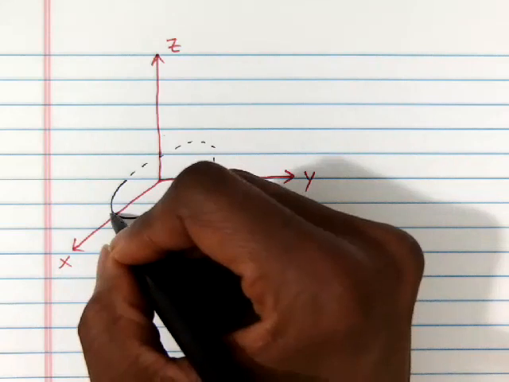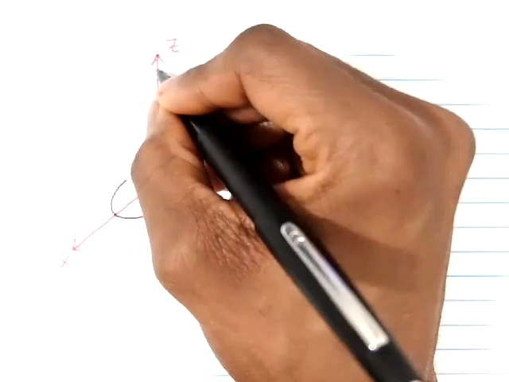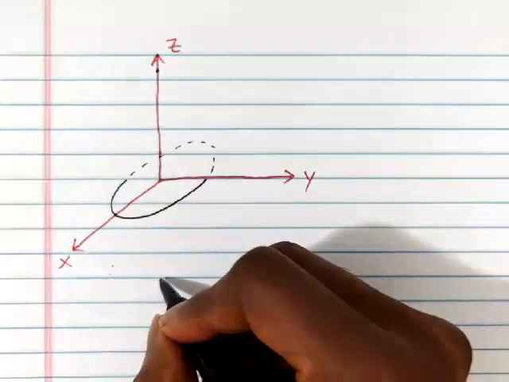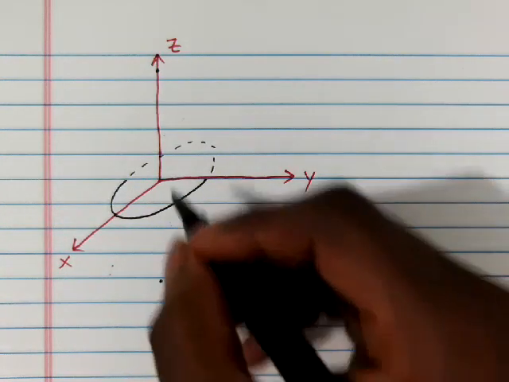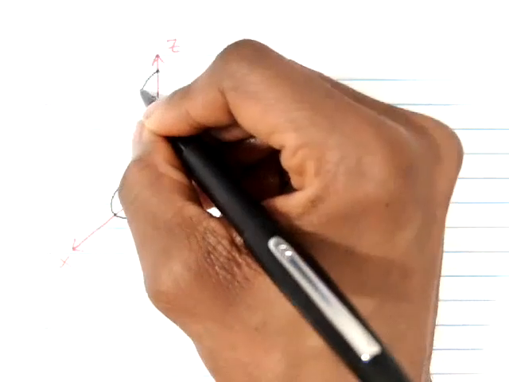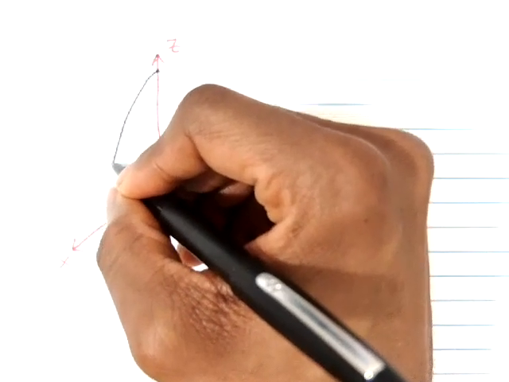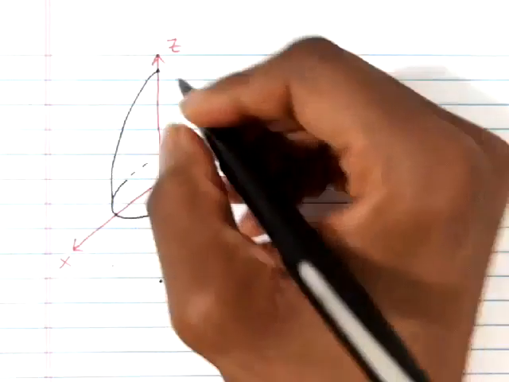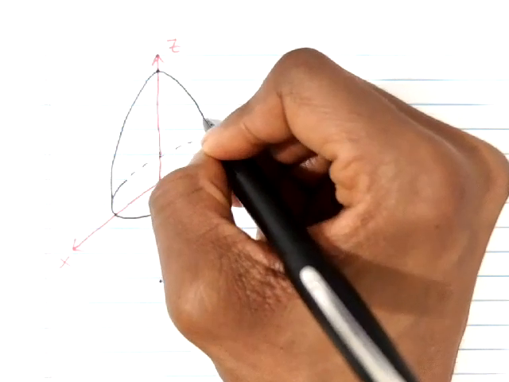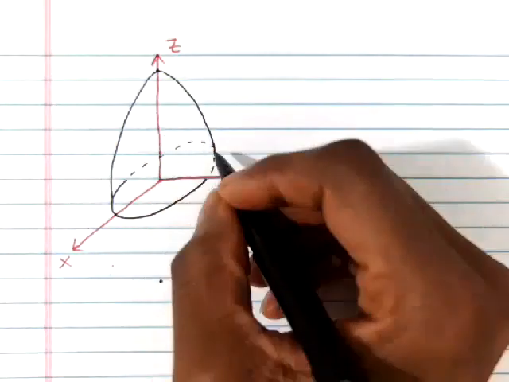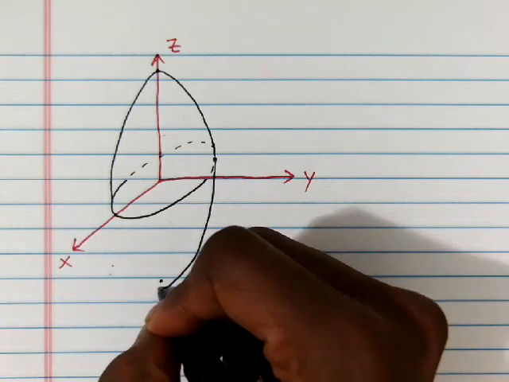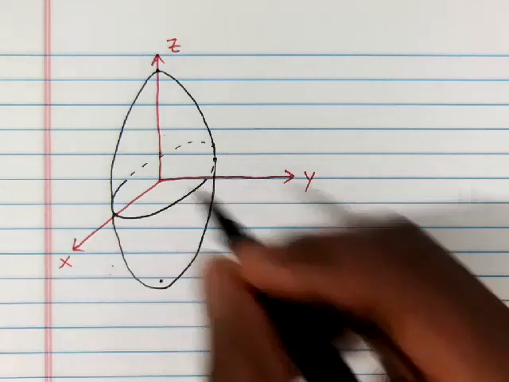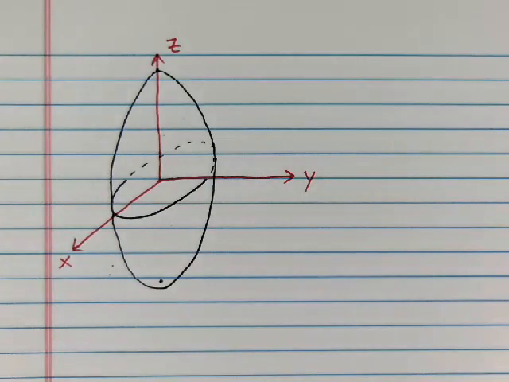So let's make it go up to here and down to about right there. I don't think I went down far enough, but all right, so it looks something like that. And this is what's called an ellipsoid.